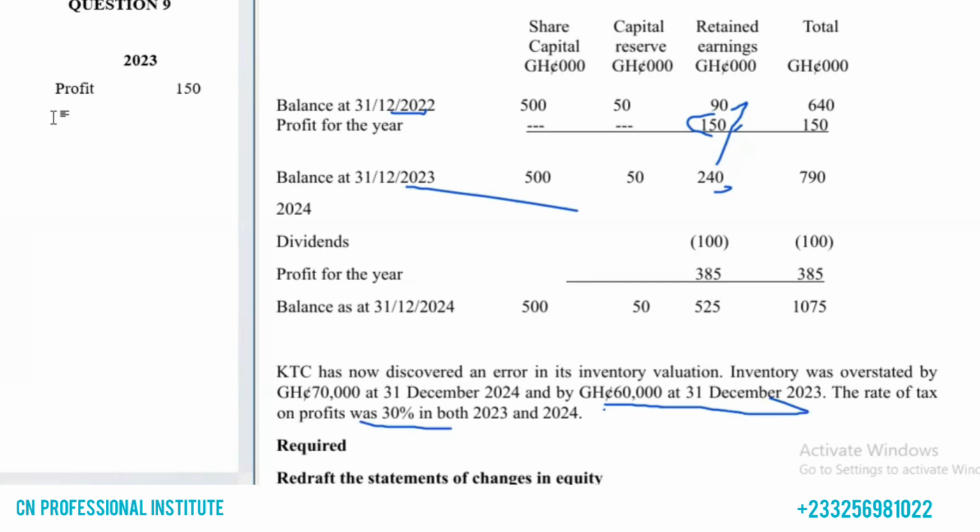So when we are doing the adjustment from profit, we have to less it from the profit.